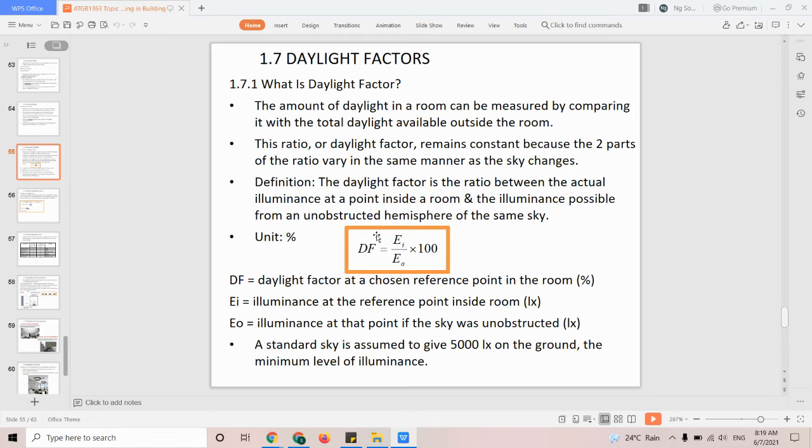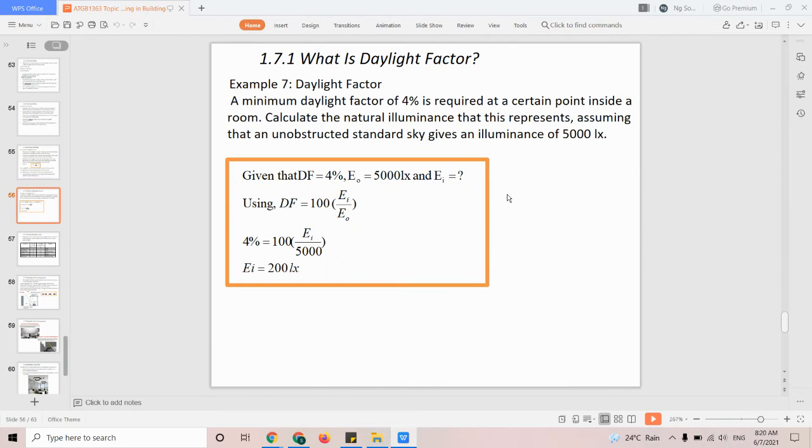We have a daylight factor, and then we have the illuminance inside the room, and then illuminance outside the room, multiplied by a percentage. So we are always given a 5,000 lux for the outside. So unless stated otherwise, you will use 5,000 but usually the question will give it to you.